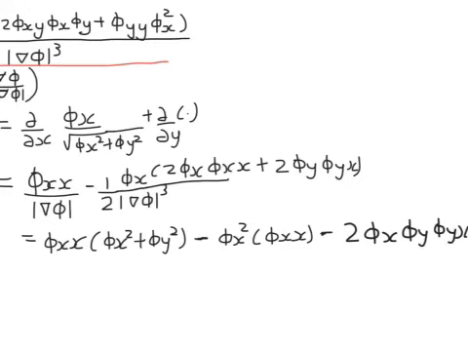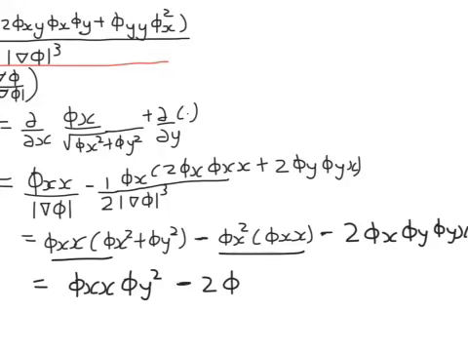As you can see, this term here and this term here get cancelled out, so what we are left with is phi xx phi y square, and then the negative of phi x phi y phi yx. Sorry, that 2 is not here because even that 2 got cancelled out.